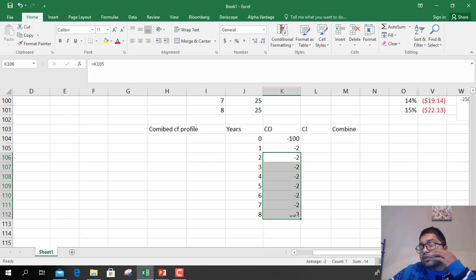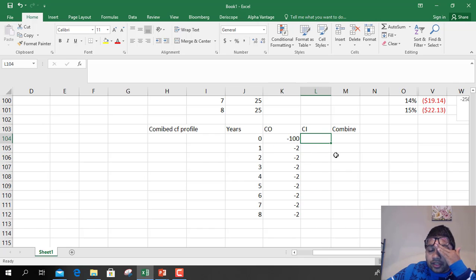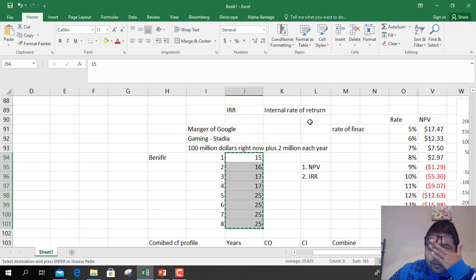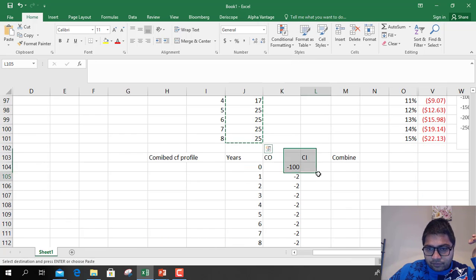What is inflow? Inflow starts happening at year 1, and these are the inflows.